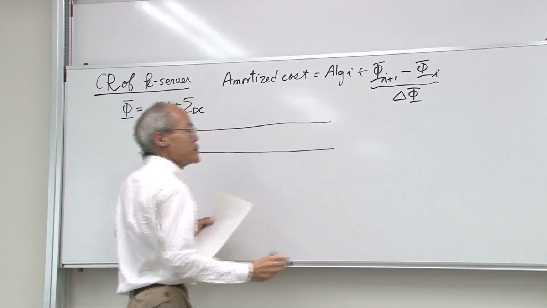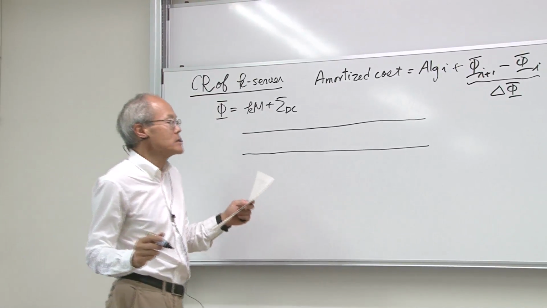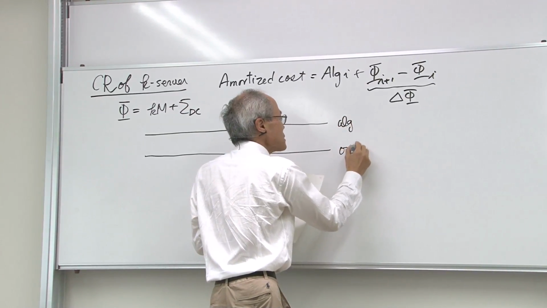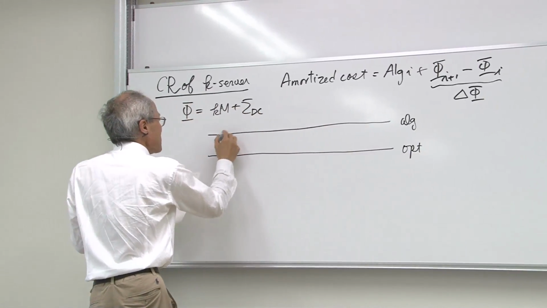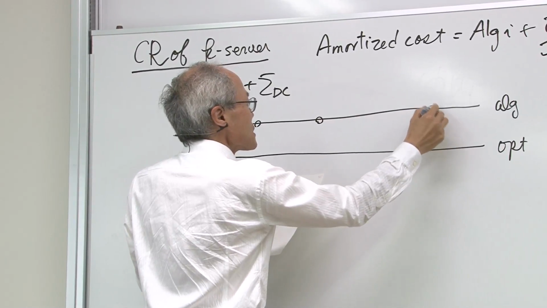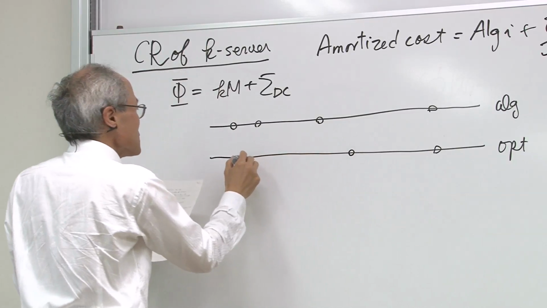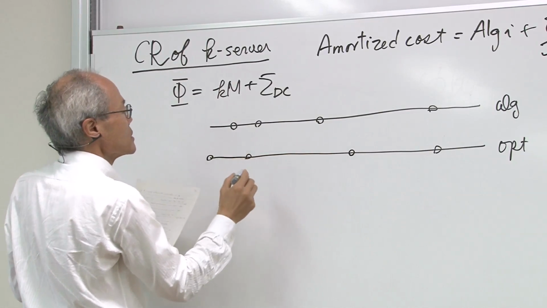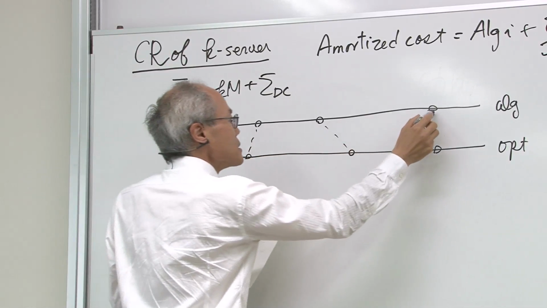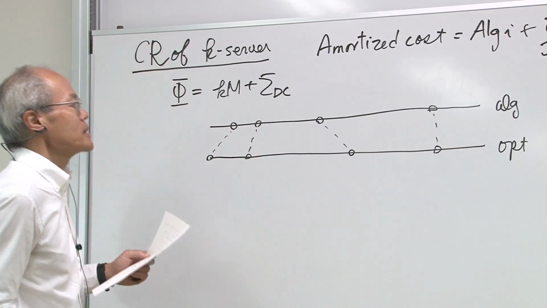So we have two configurations, two positions of servers. This is ARG, and this is OPT, and maybe something like this. So we consider a matching between ARG servers and OPT servers.